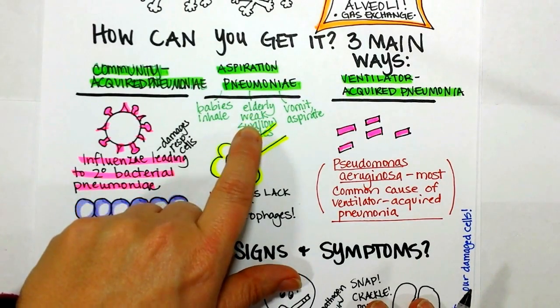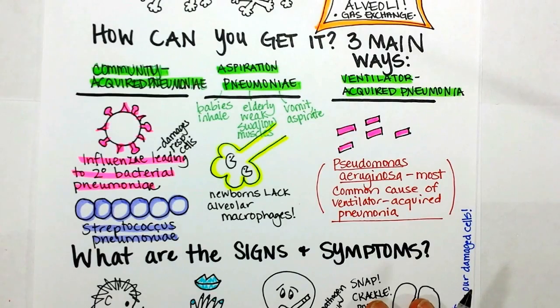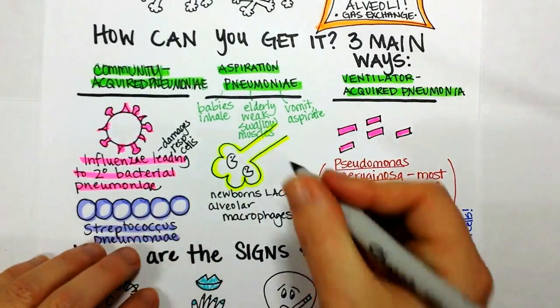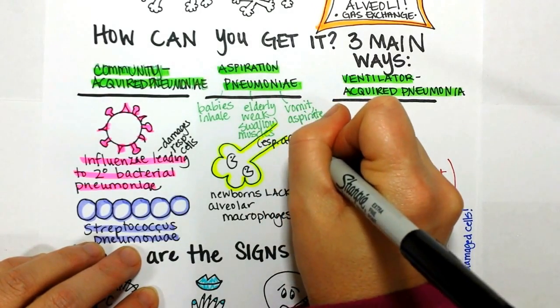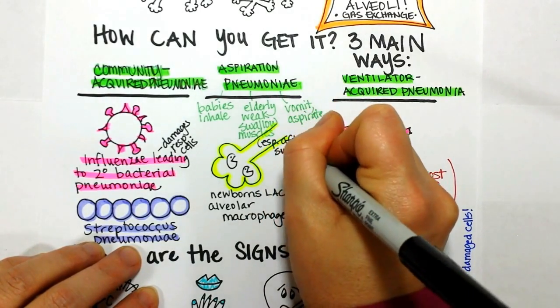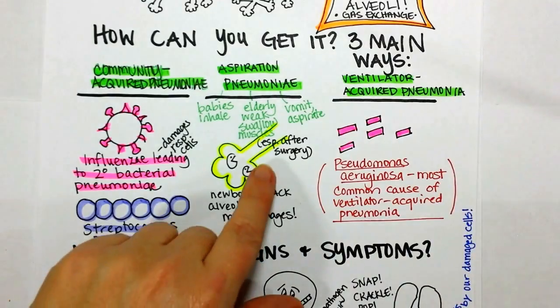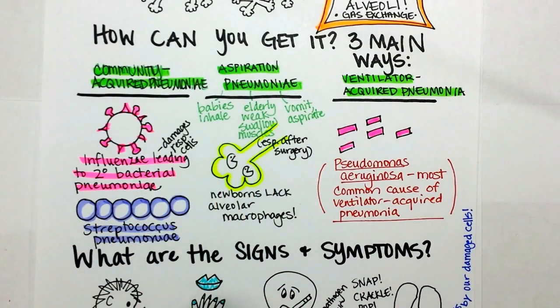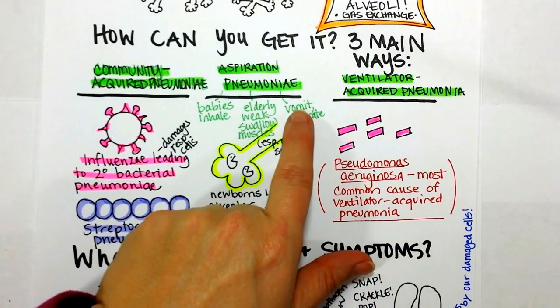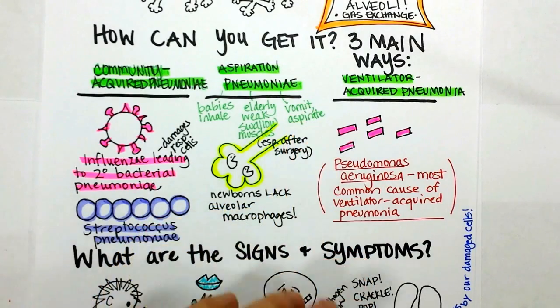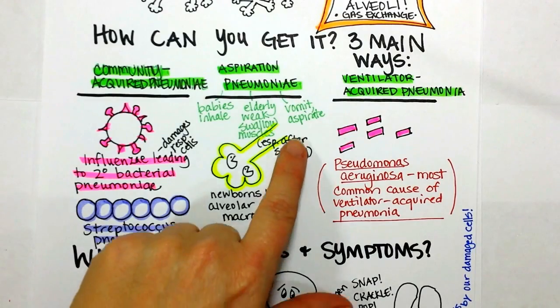Elderly patients may become very weak in their swallowing muscles, especially after surgery. And they may be more likely to inhale even little bits of water. And if a patient is unconscious and vomiting, they may aspirate some of their own vomit. So those are three typical ways aspiration pneumonia could happen.